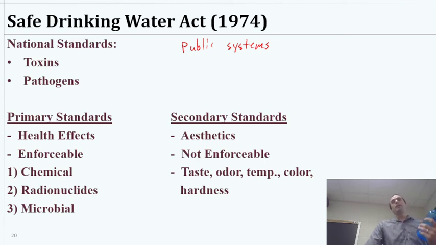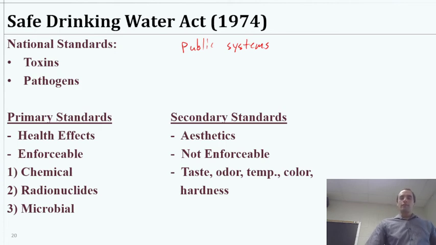That might meet all the regulations that it had to. It just would not be meeting the recommended standards for the aesthetic qualities. It is possible that would be perfectly safe to drink, right? But it would also be possible that would be gross and I wouldn't want to drink it, right? So that's where the secondary standards come in.